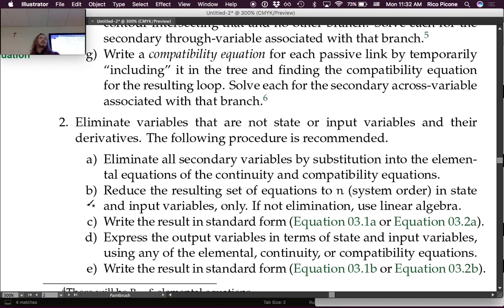We have a system with n state variables, system order is n. We can eliminate variables down to the point where we have just state variables and input variables in the equations, and there will be n equations left, okay? And they're going to all be first order differential equations when we get there. That's what they'll all be.